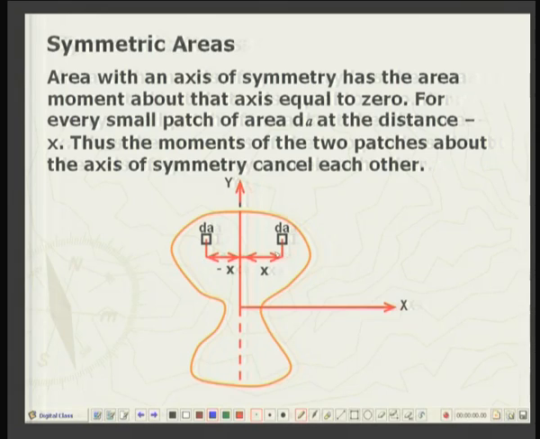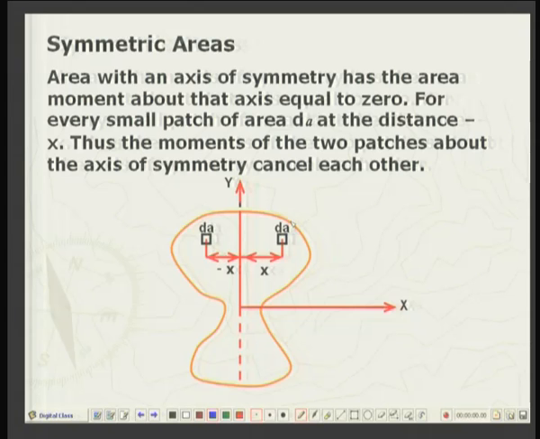So, for every small infinitesimal area on the right side, there will be a corresponding area on the left side, but at a distance negative of the former one. So, there will be a pairwise cancellation of all these moments, and you will find that if y axis is the axis of symmetry, then My will be 0. If x axis is the axis of symmetry, then Mx is equal to 0.